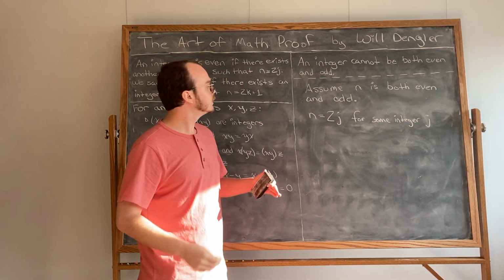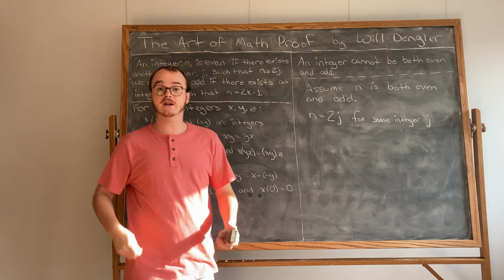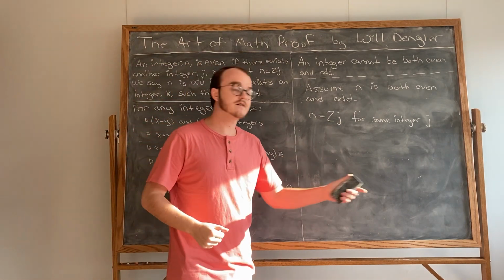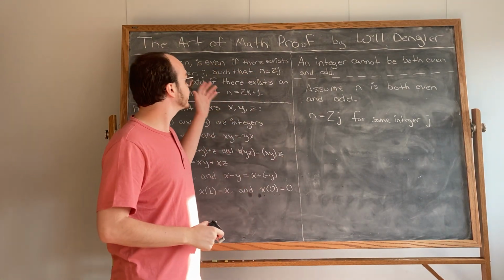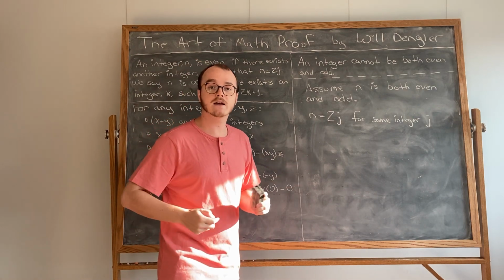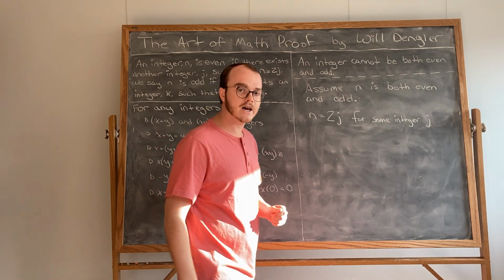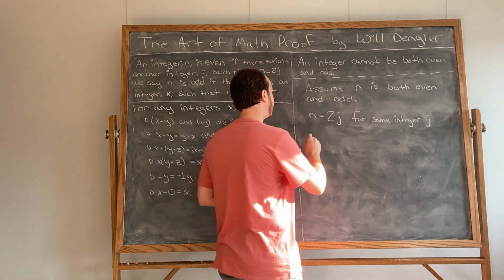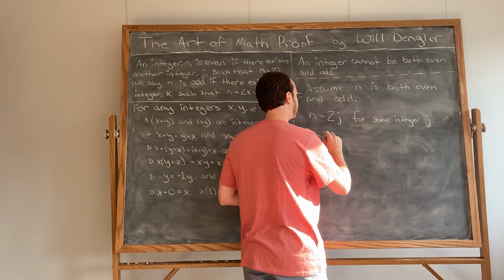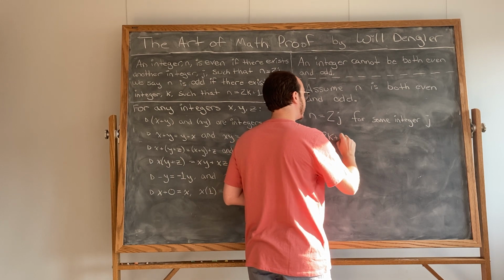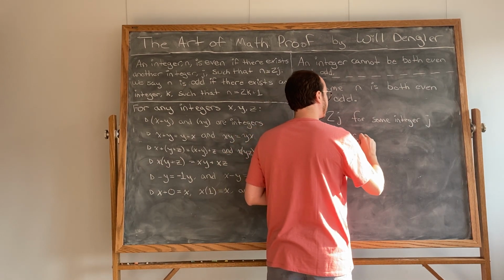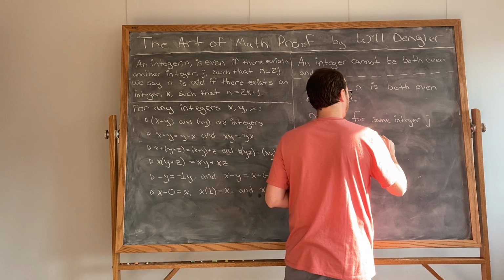Okay, well, not only is n even, but n is also odd, and by the definition of oddness, we know that there exists some integer k, such that n is going to be equal to twice the value of k plus 1. So we can write that down. So n is going to equal 2k plus 1 for some integer k.